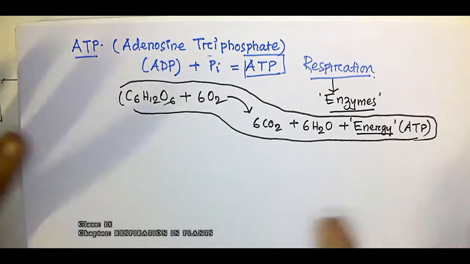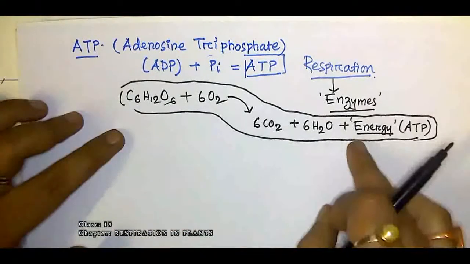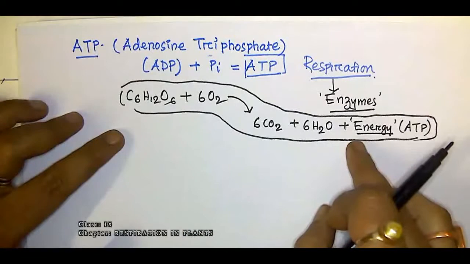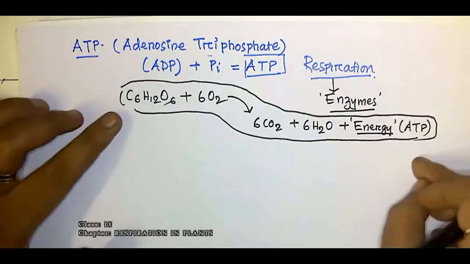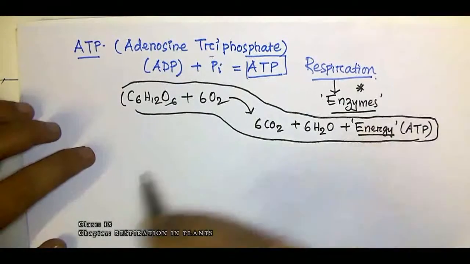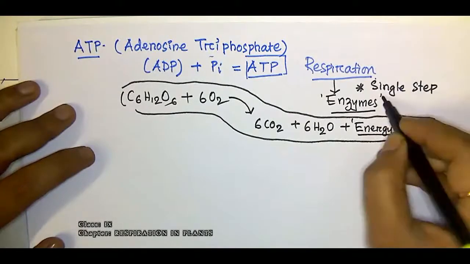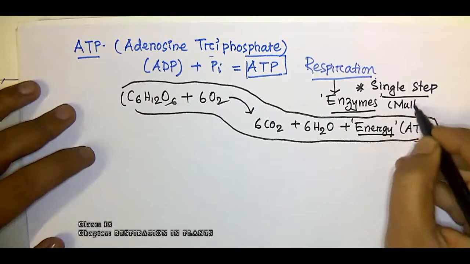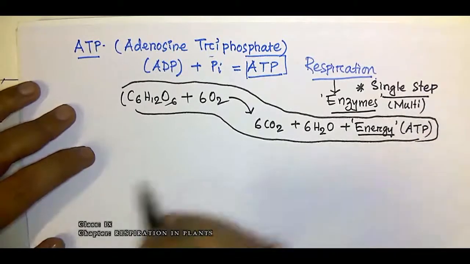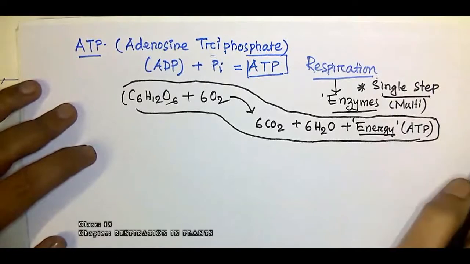So the overall equation is not a single step equation. It's in fact a representation of the whole process, right? So one important note that we can take: it's not a single step process. In fact, we can say multi-step process. And when I use the word multi-step, in every step you will require a specific enzyme. So multi-step, multi-enzymatic process.